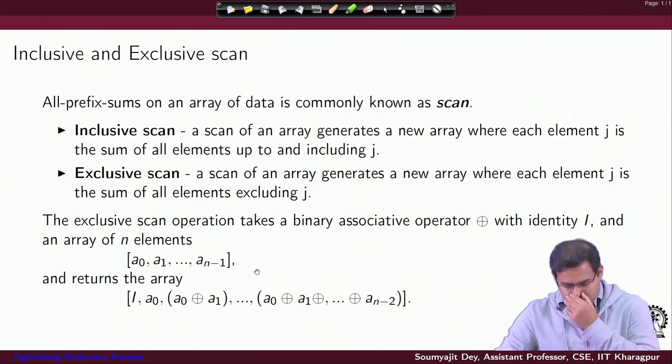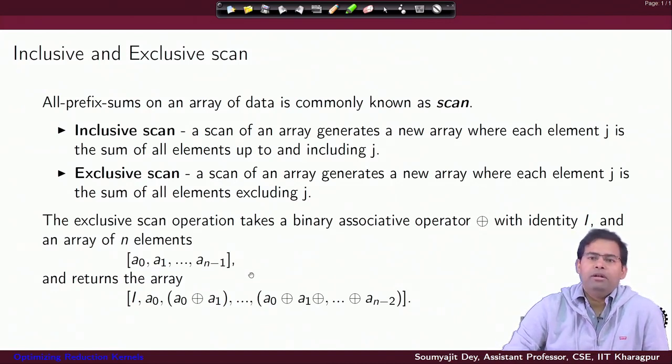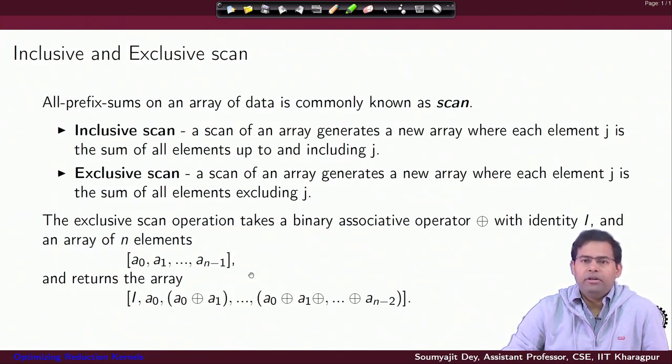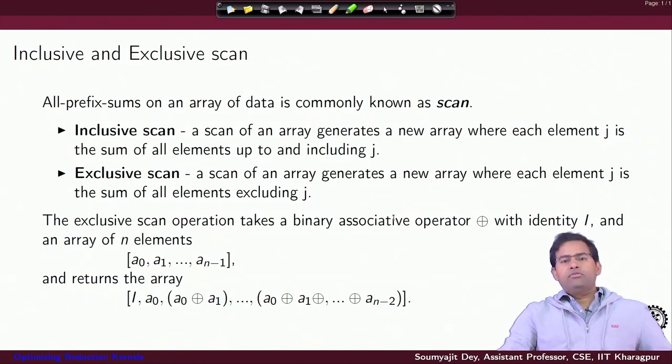Now the issue is, how can this be accelerated? Is the usual technique that we applied for computing the normal parallel reduction directly applicable here? What are the ways to accelerate it? One obvious question is that we can have two possibilities: inclusive scan and exclusive scan.